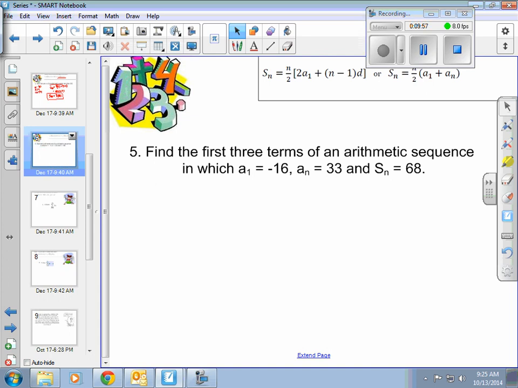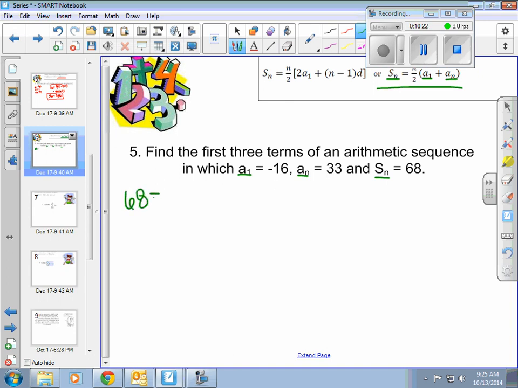Example 5 says find the first three terms of an arithmetic sequence in which a sub 1 is negative 16, a sub n is 33, and s sub n is 68. Looking at what I am given, I have a sub 1, a sub n, and s sub n. So I can use this equation and figure out how many terms are in my sequence.